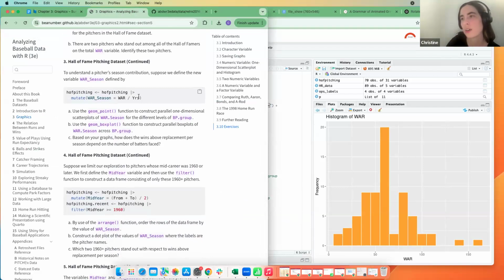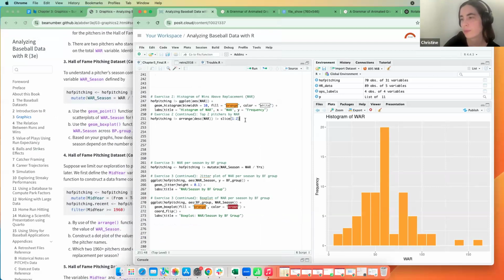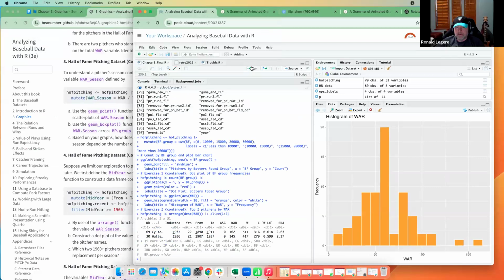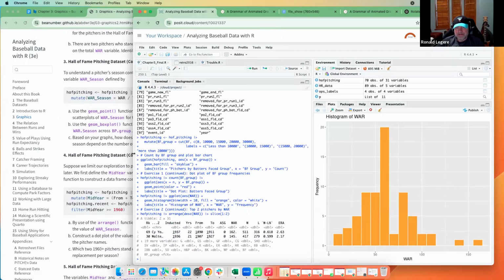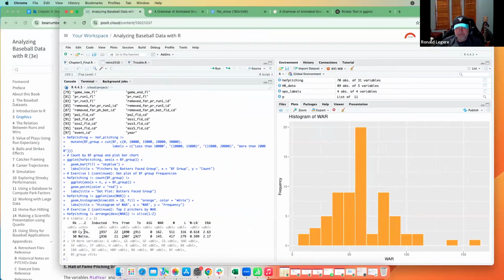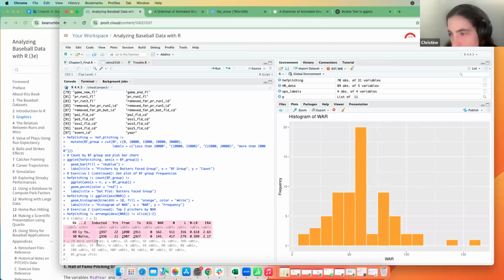And here, kind of looking at the standout pitchers. So, who are these people? So Young's gonna be one of them, right? Yep. I don't like how this displays.